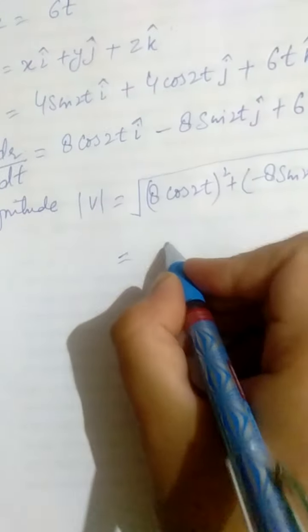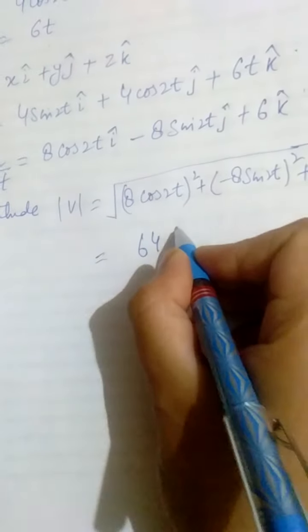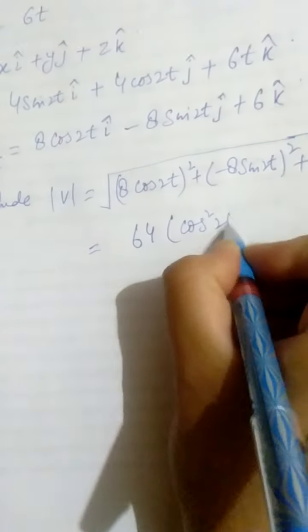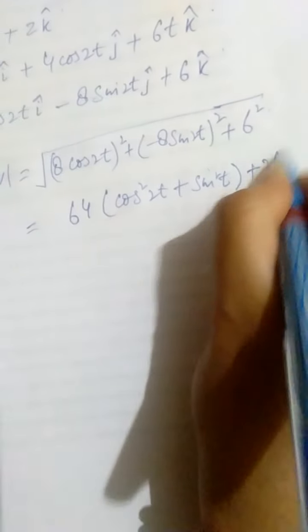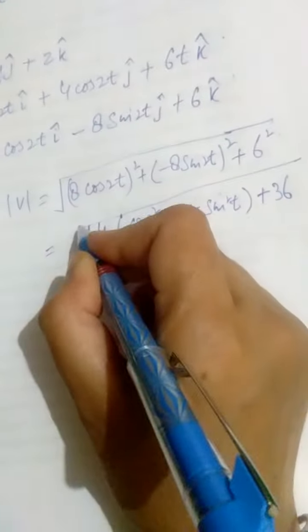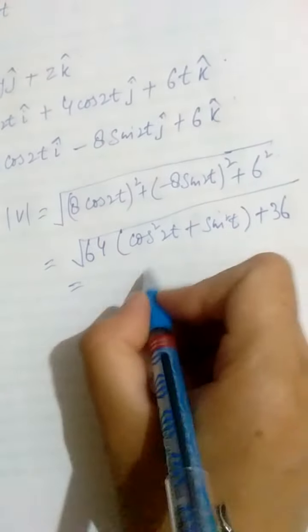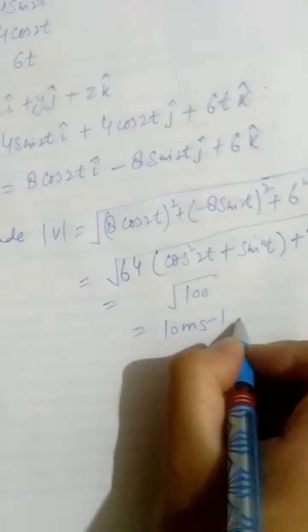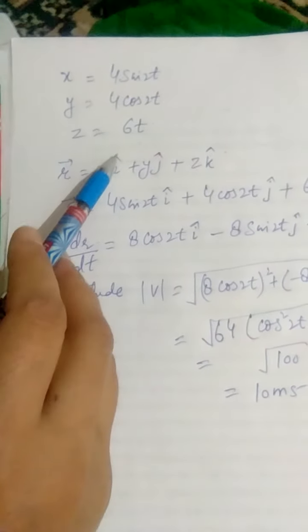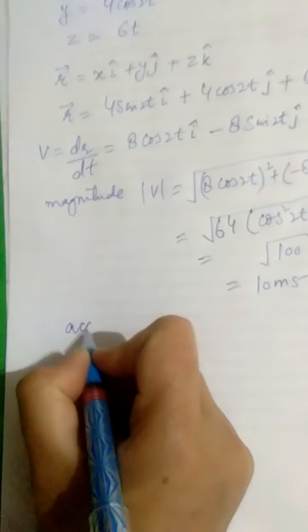So 64 will be taken common, and inside you have cos squared 2t plus sine squared 2t, and then you have 6 into 6, 36. So this much is 1. You are left with 64 plus 36, that is 100, and that is 10 only. 10 meter per second will be the velocity of a particle whose x, y and z coordinates are defined in this manner, right? Now let us try to find the magnitude of acceleration.